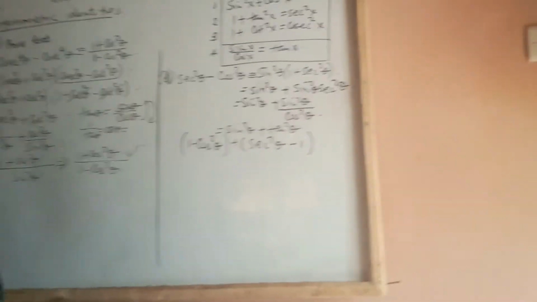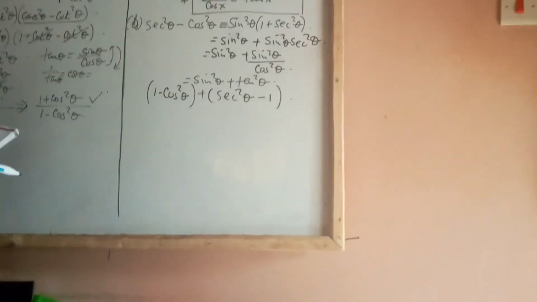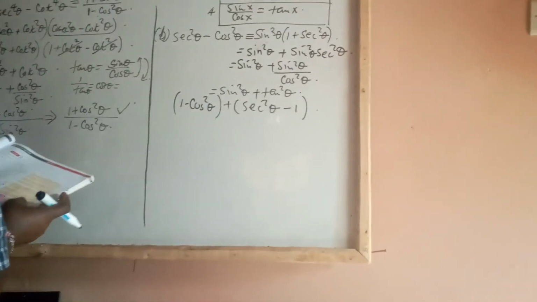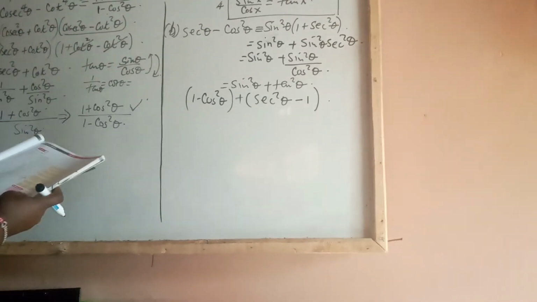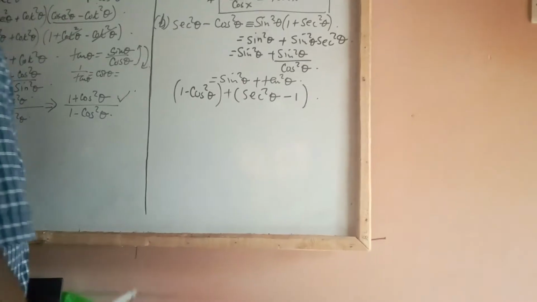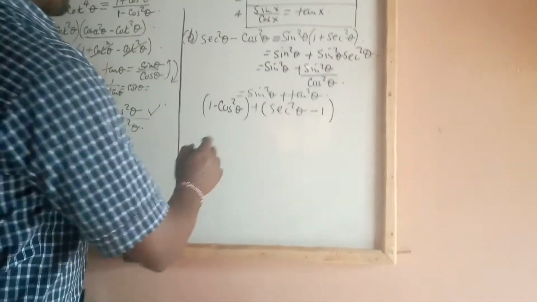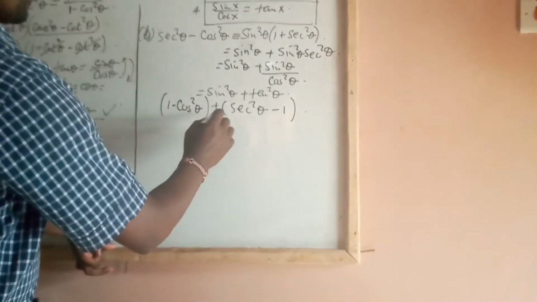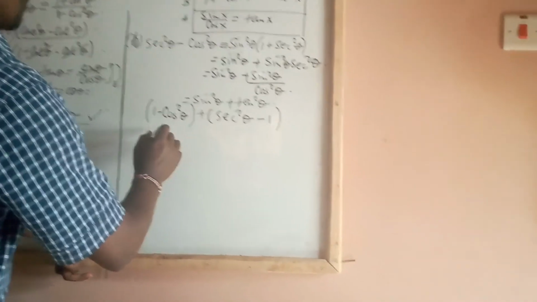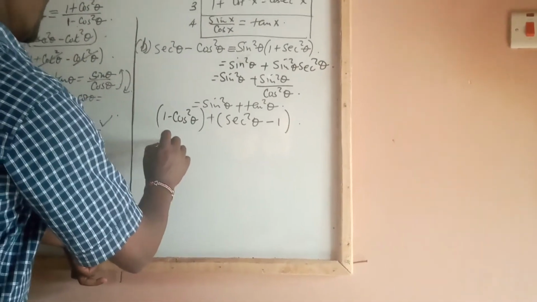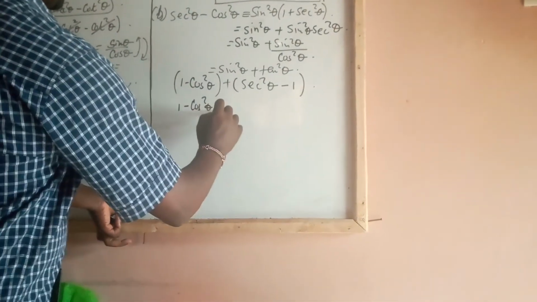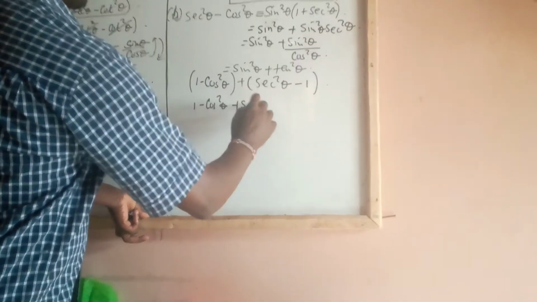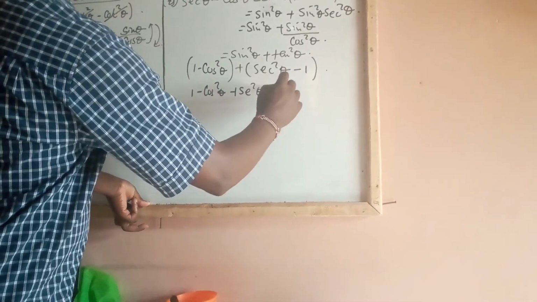If we open it up, we have 1 minus cosine squared theta plus sec squared theta minus 1.